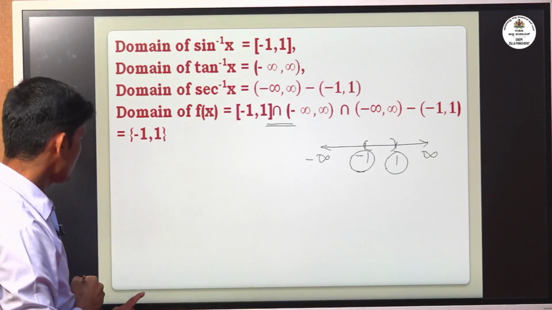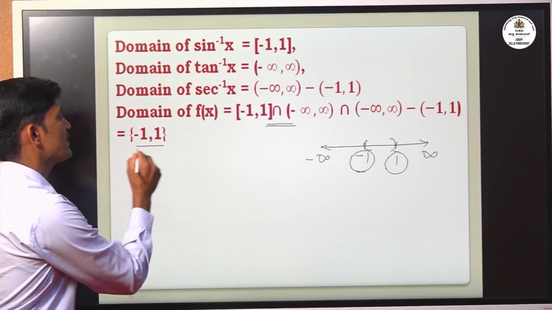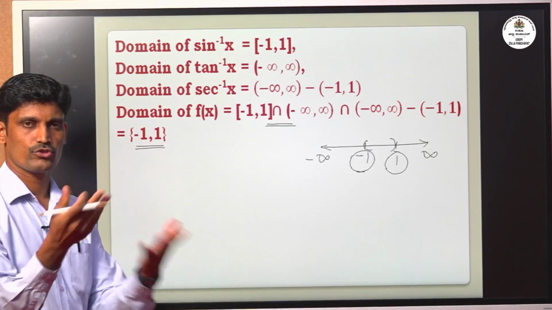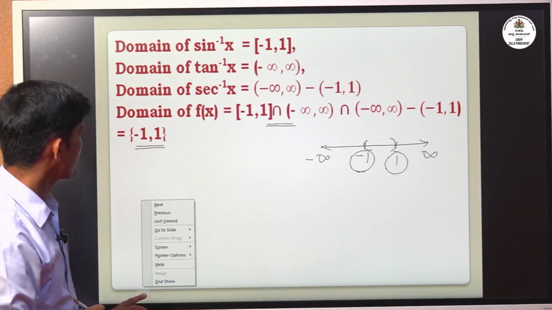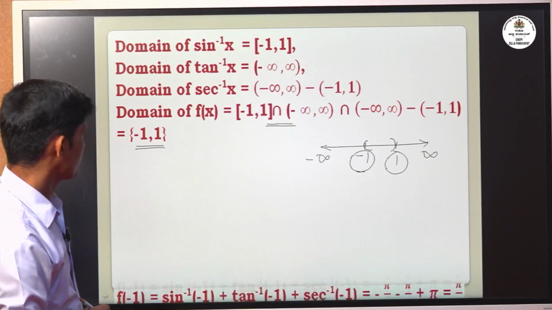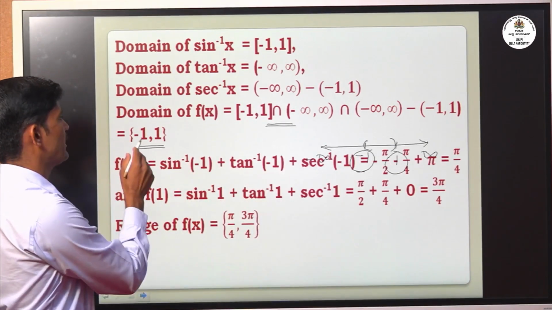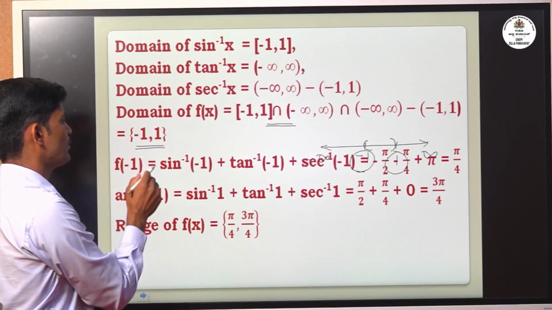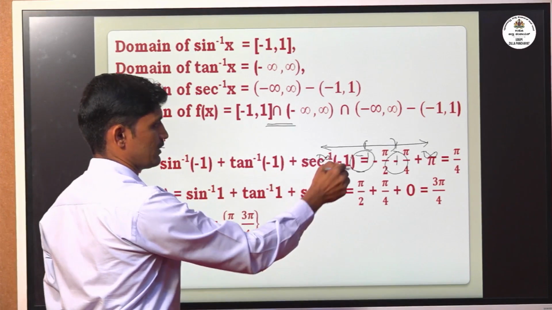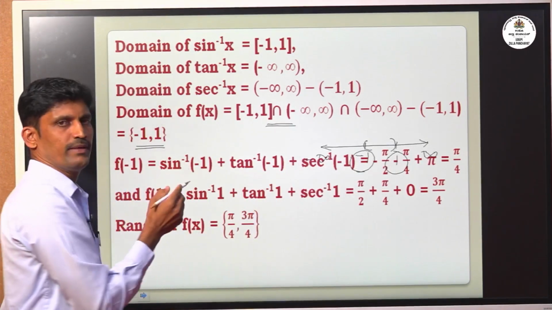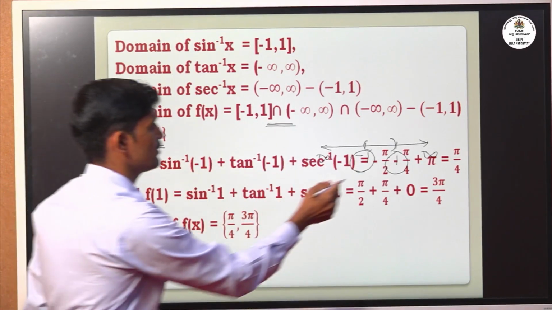Therefore, for these two values of x, what is the value of f of x? Those two values are the range of the function. So f of -1, if you put x equal to -1 here, you will get sin inverse of -1 plus tan inverse of -1 plus secant inverse of -1. That is the image. Sin inverse of -1 is minus sin inverse 1, that is equal to -π/2.